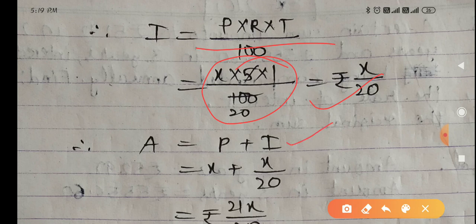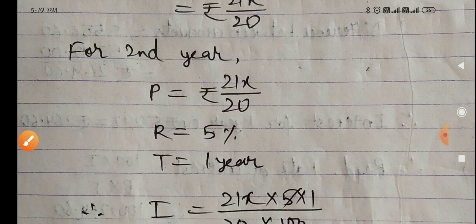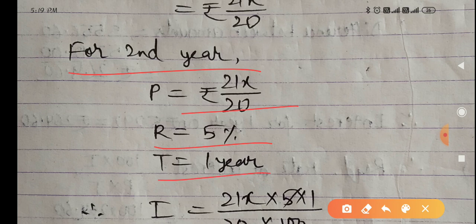So amount will be principal plus interest, so X plus X by 20. The amount is becoming 21X by 20. This amount will be the principal for the next year, you know very well. So for the second year, the principal is 21X upon 20, rate 5% again, T 1 year.